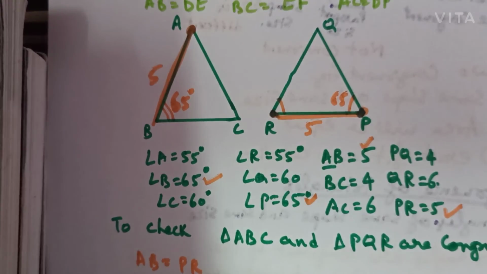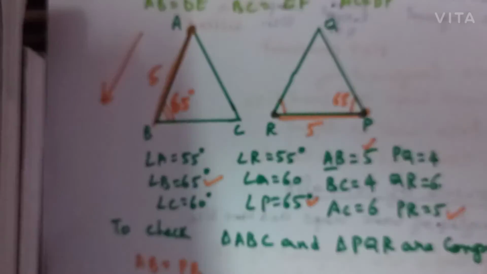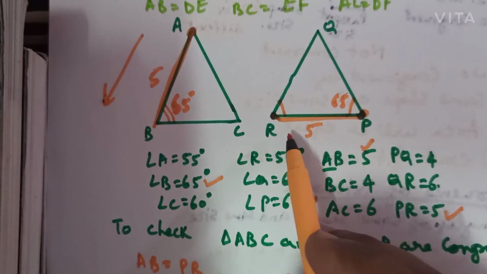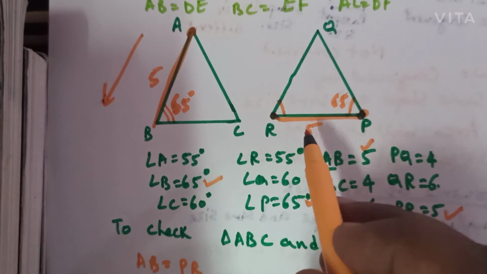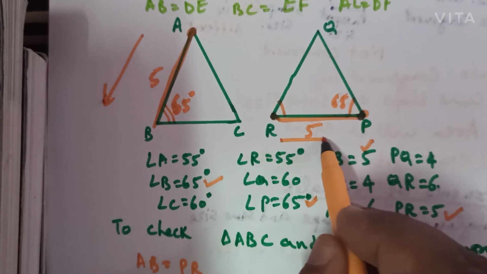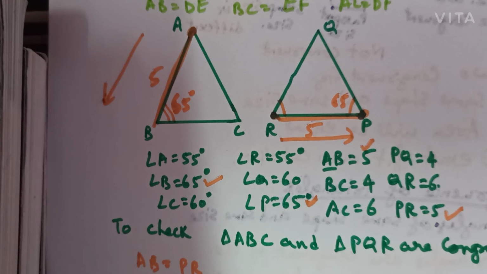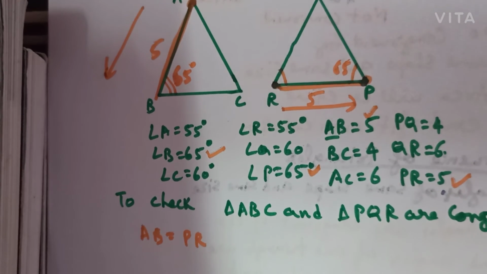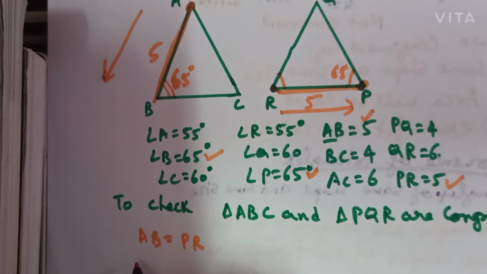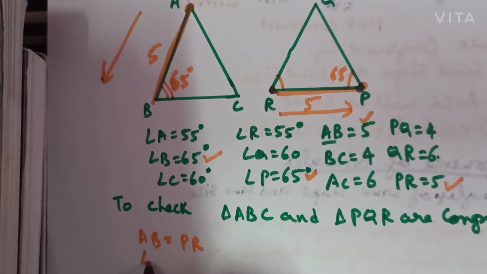We are moving from A to B in this direction, and instead of from P to R, we are moving from R to P. So angle B is equal to angle P.